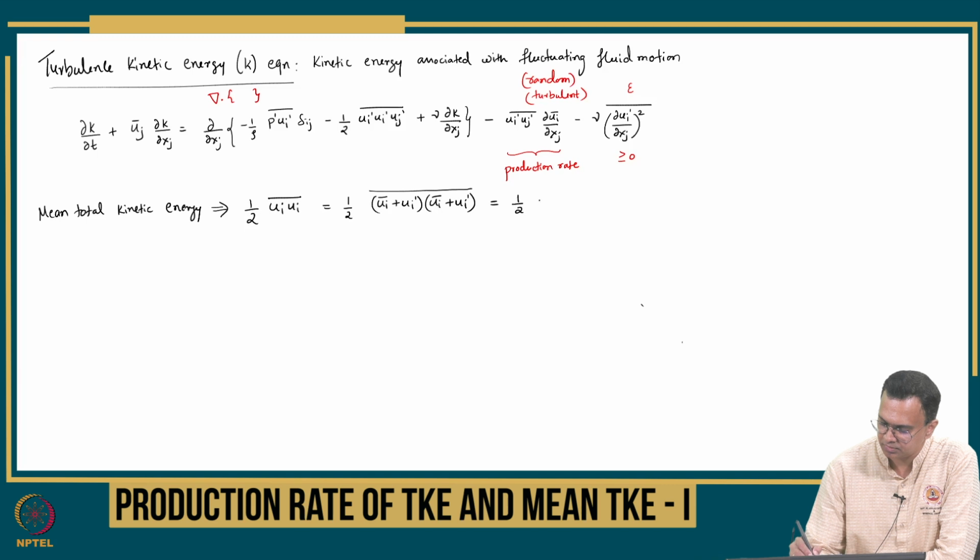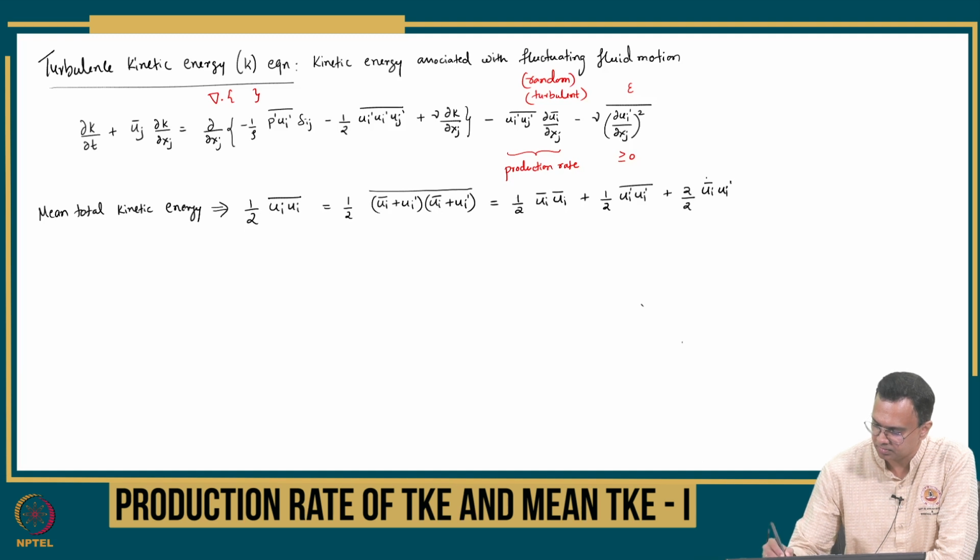So I get half ui bar squared. And then the other term which survives is half of ui prime squared, and the one which does not survive is the term ui bar ui prime, averaged. This term does not survive because the average of a fluctuation is 0.